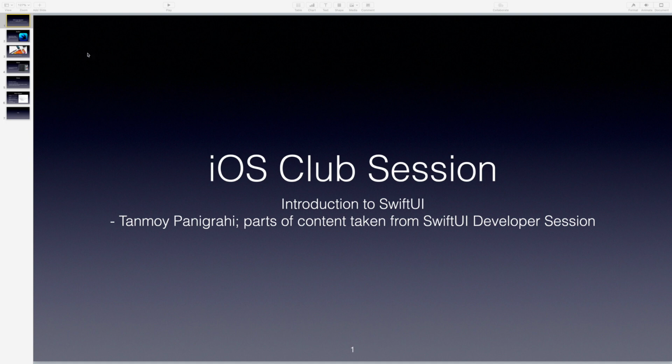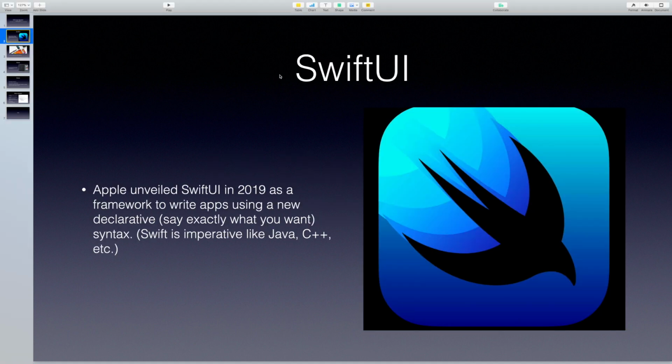Let's start. SwiftUI was unveiled at WWDC as a new framework for writing apps using declarative syntax. In my personal experience, it's somewhat of a middle ground between the Objective-C way of declaring UI, where it's entirely code, and if you haven't done Objective-C before, it's slightly time-taking to get used to, and the way we previously did it in the club using Interface Builder, where you have to write very little to no code.